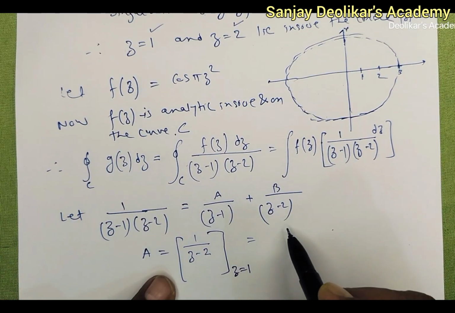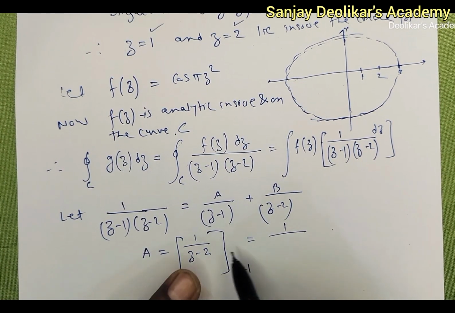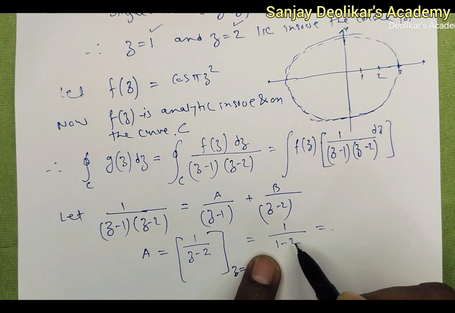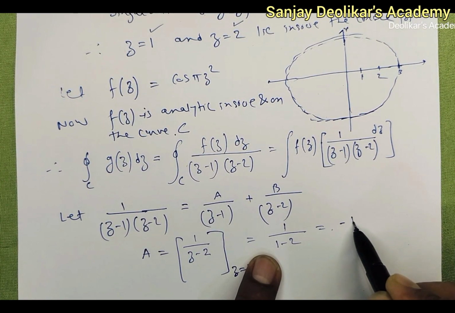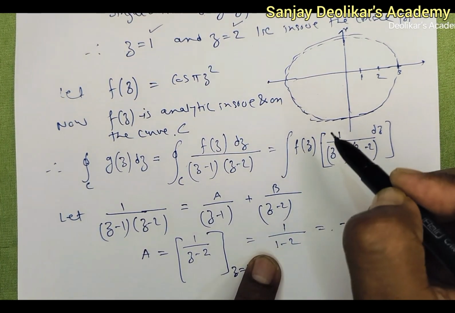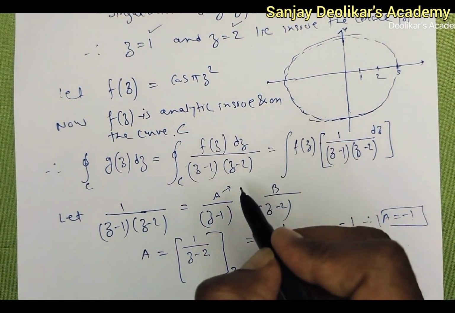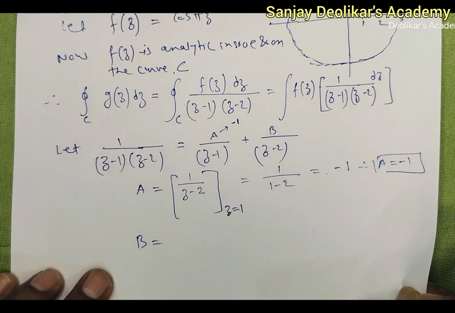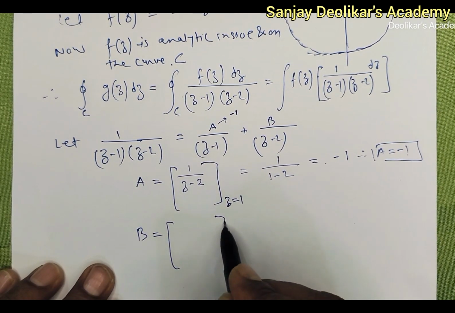It will be 1 upon 1 minus 2, which means you will get minus 1. Therefore a is equal to minus 1. Now what about b? How will you find b now? See, the same way.